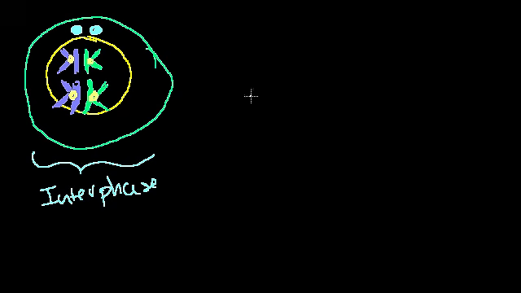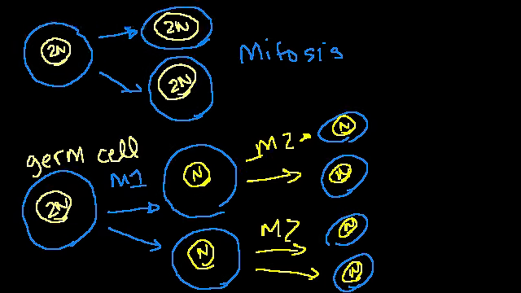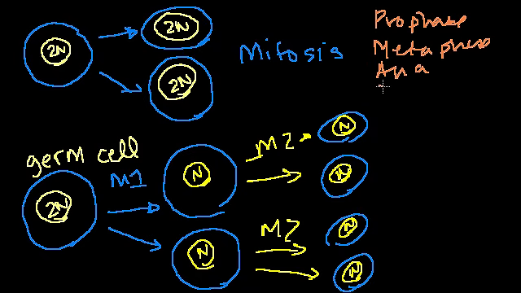This is a germ cell. So what happens is we enter into prophase 1. If you remember, let me write this down because I think it's important. In mitosis, you have prophase, metaphase, anaphase, and telophase, or PMAT.